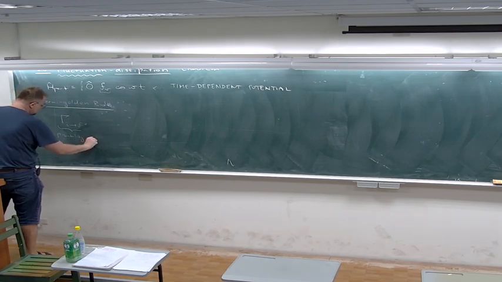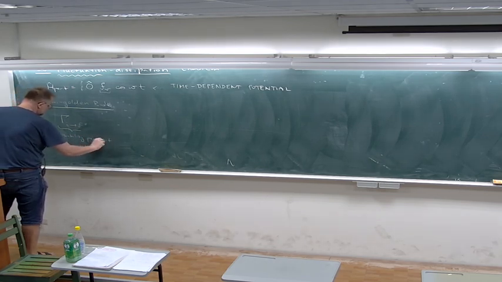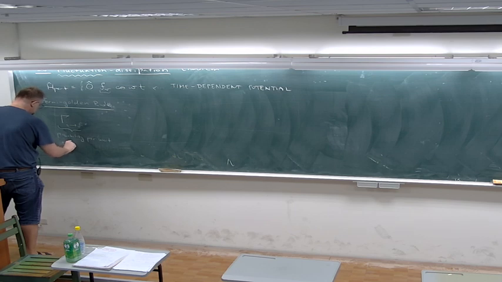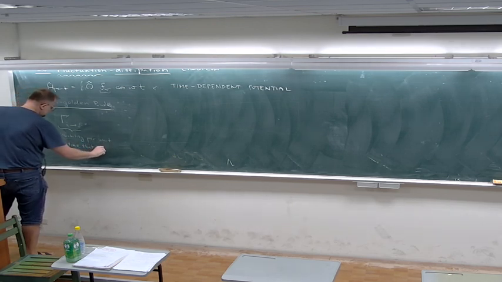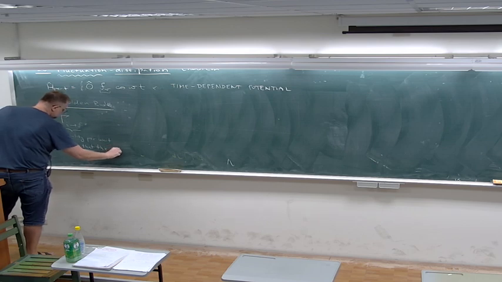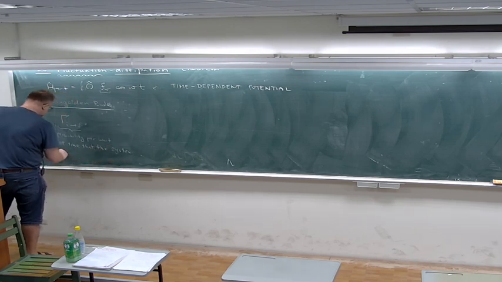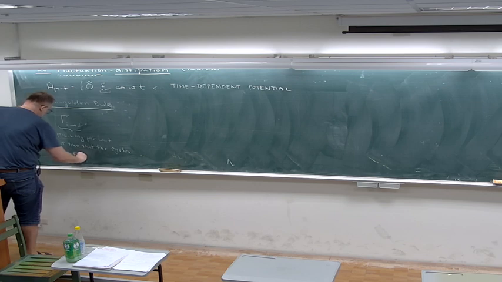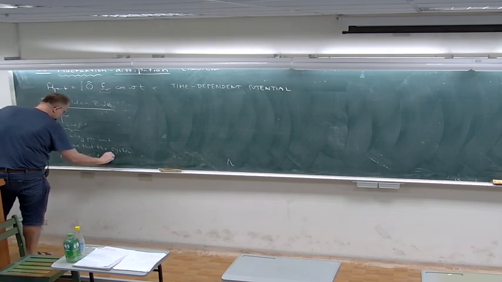this is called the probability per unit of time that the system goes from initial state E to final state F, right?